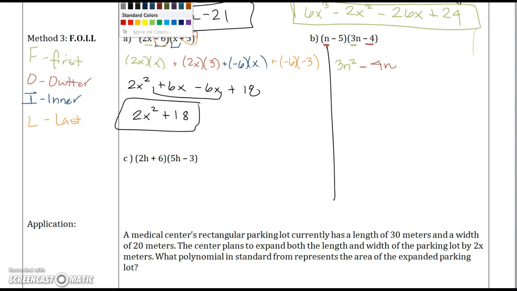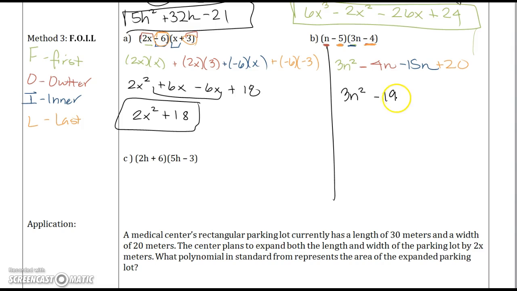And then your inner terms, the inside scoop: -5 times 3n is -15n. And then your last terms, last in this set of parentheses and last in this set of parentheses: -5 times -4 is +20. Last step, beautiful people, combine your like terms. 3n squared minus 19n plus 20.